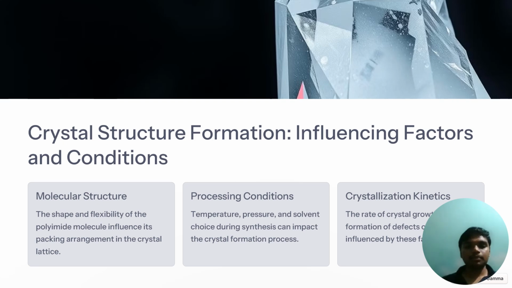In the crystalline regions, the polymer chains are ordered and tightly packed, while in the amorphous regions, the polymer chains are disordered. The crystalline regions contribute to the strength and stability of the material, while the amorphous regions may influence its flexibility.